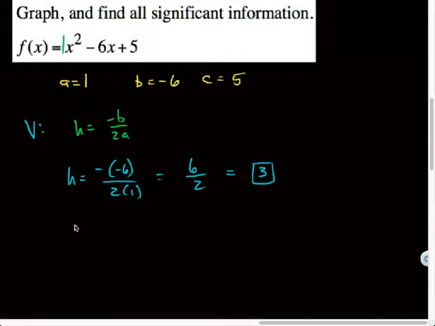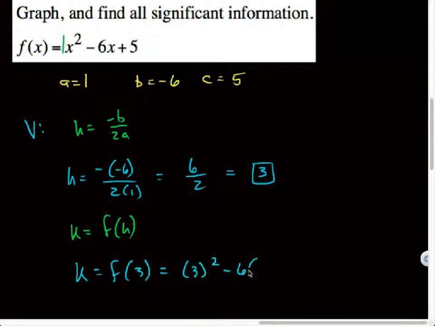Now, to find k, that's when I do f of h. H is 3. The x-coordinate of the vertex is the 3. So to find k, I'm going to figure out what f of 3 is. That means I'm going to plug in 3 for all of these x's. So instead of x squared, it's 3 squared. Instead of minus 6x, it's minus 6 times 3.